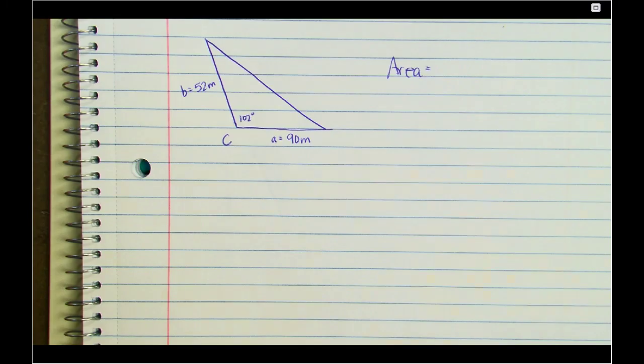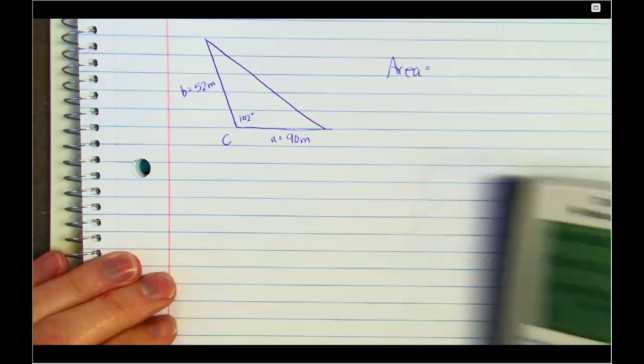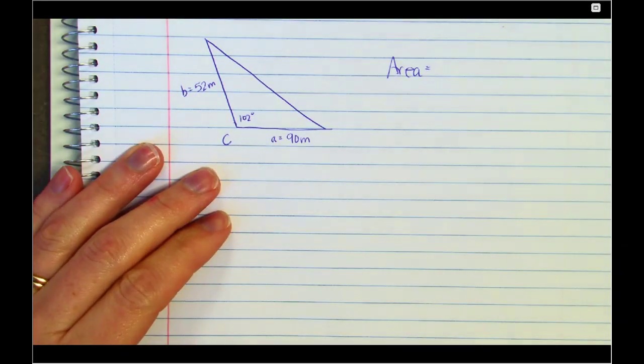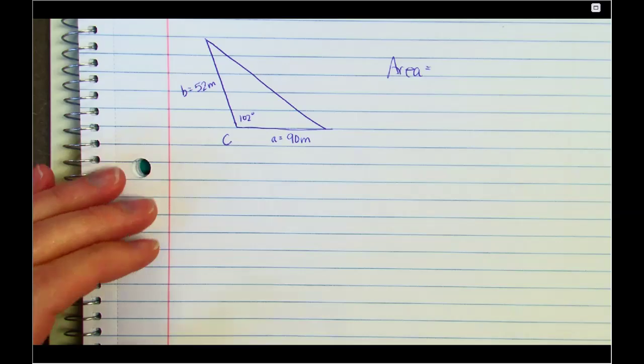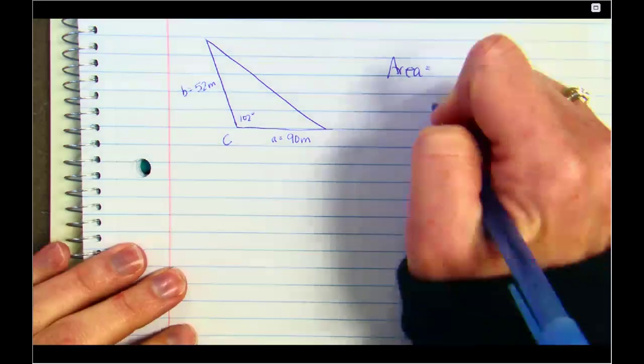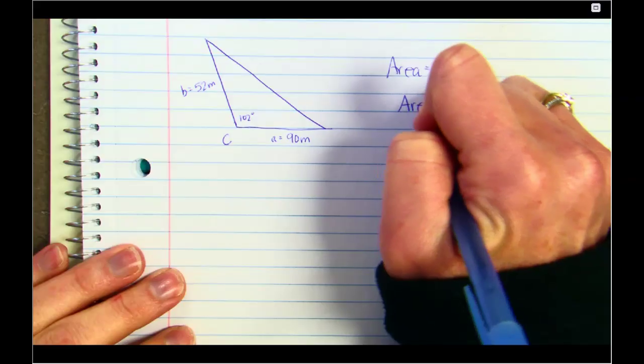I got very large numbers. What's a big triangle? That's a big triangle.